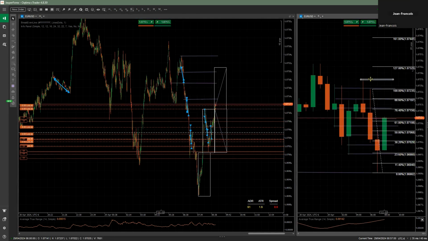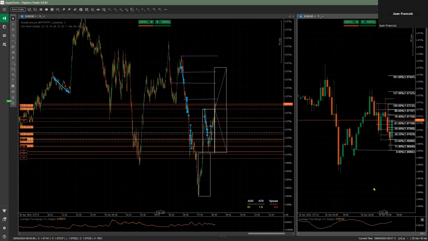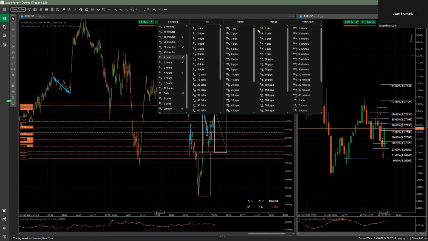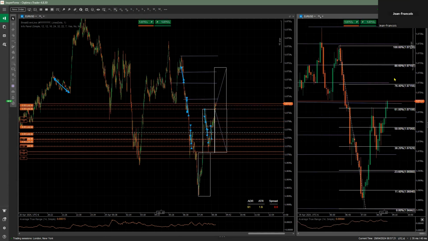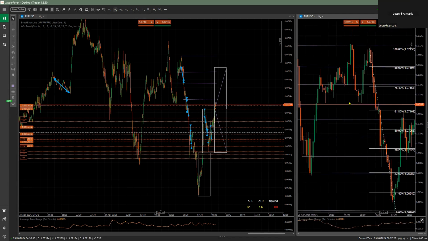We came in, we had our ceiling, we had our floor. We spent an hour together selling this particular green candle. Go down to a 5-minute chart. Now we're pushing past 61 into resistance.